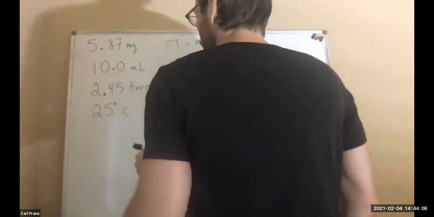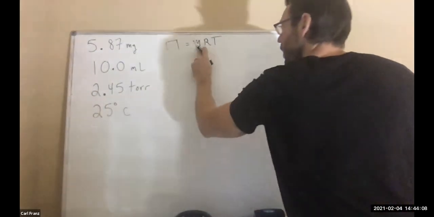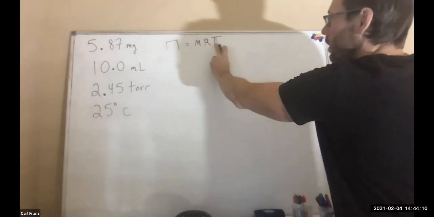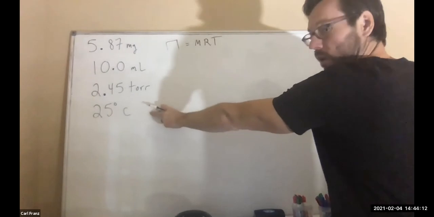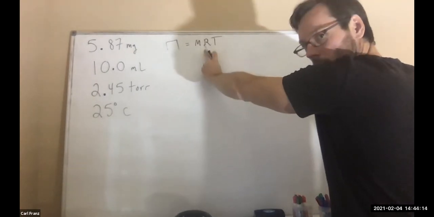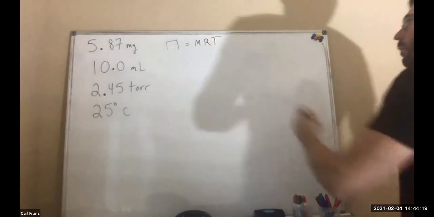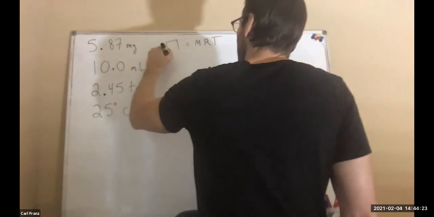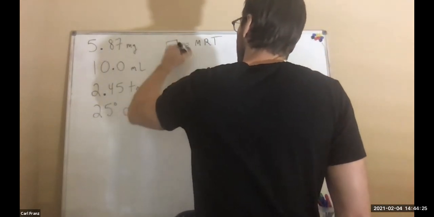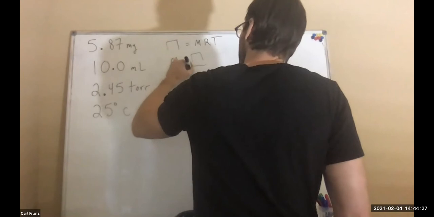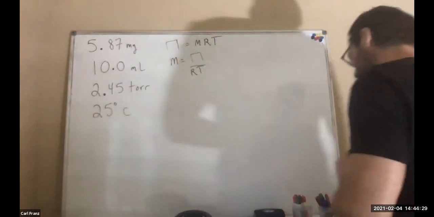What we need to do is find molarity. We have temperature, 25 degrees. We have our gas law constant, and we have osmotic pressure. So we rearrange that equation to be what? M, molarity, equals osmotic pressure over RT, right?